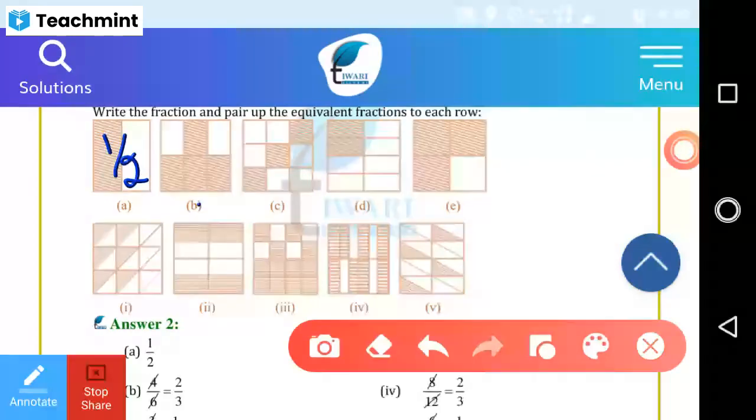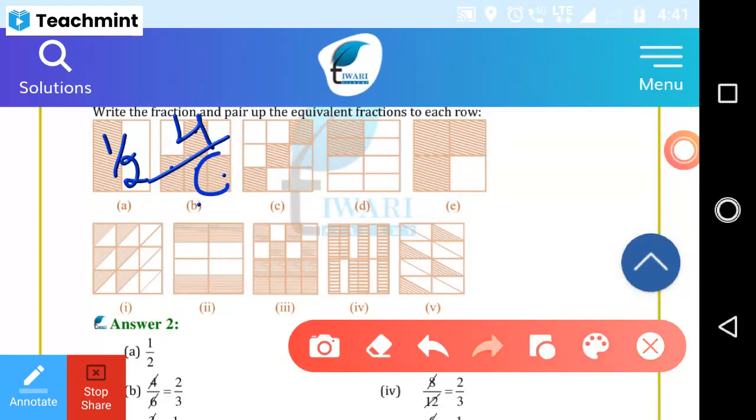See carefully. Ma'am, you mean the brown color is the shaded part? How many parts are shaded? Look here. 1, 2, 3, ma'am, 4. 4/6. Yeah, that one you just tell. Okay, next, Yuvraj.